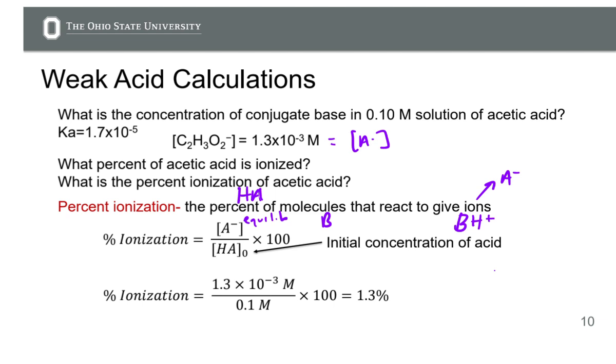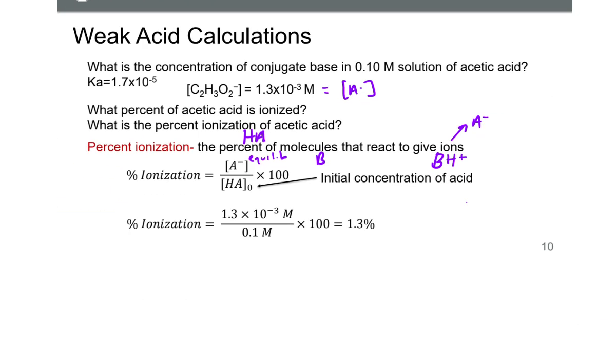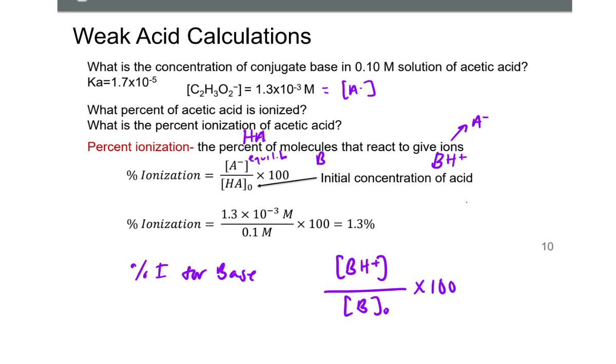If we wanted to find the percent ionization for a base, we would have the concentration of BH plus at equilibrium divided by that initial concentration of base times 100 to get the percent. Just one more way of showing what's happening in a weak acid or a weak base problem.